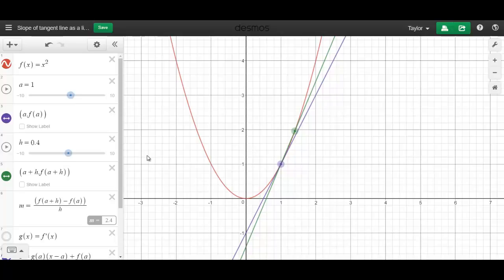And at that point the slope of the tangent line is equal to the slope of the curve. And right there, that green line is the secant line, and it's not a very good approximation of the purple line. That is, the slopes aren't very close together. They're both positive, but they're not very similar.